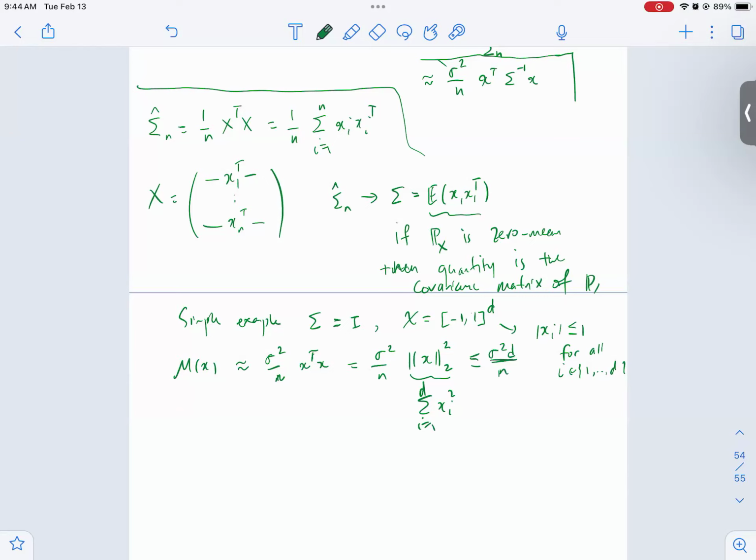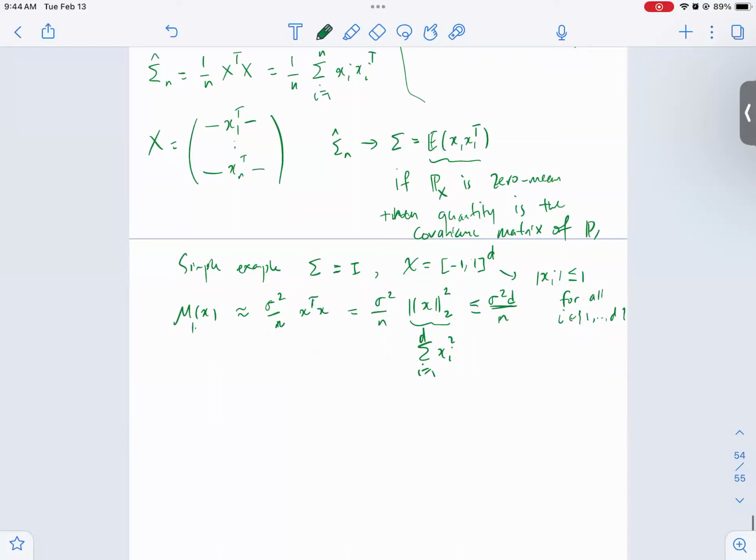So you can see how the dimension appears: sigma squared d over n. If we do our partitioning estimator instead, we argued, if you go back, that this would look like sigma squared over n to the power of 2 over 2 plus d.